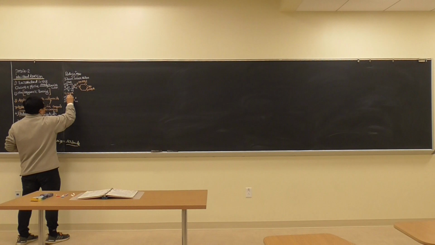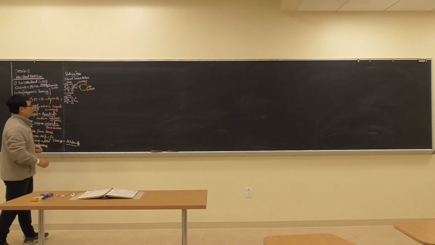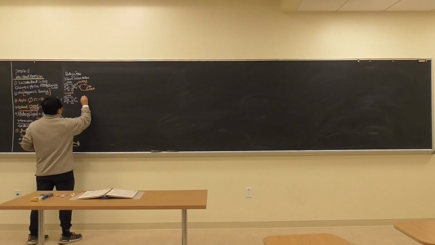The only difference is at carbon number 4, one is up, one is down. So we just draw it right here. We have H, OH, H, OH, this is OH, H, this is down. So H, OH, H, CH2OH.